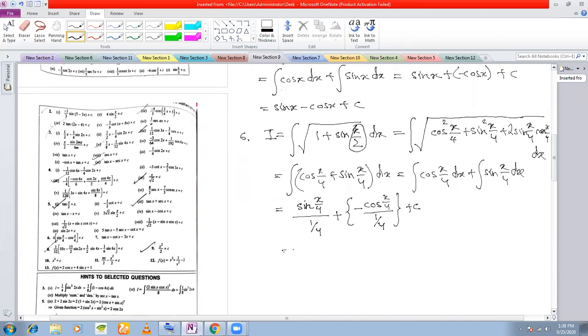So we get 4 sine x by 4 minus 4 cos x by 4 plus c. You can also write this as, taking 4 common, 4 times sine x by 4 minus cos x by 4 plus c.